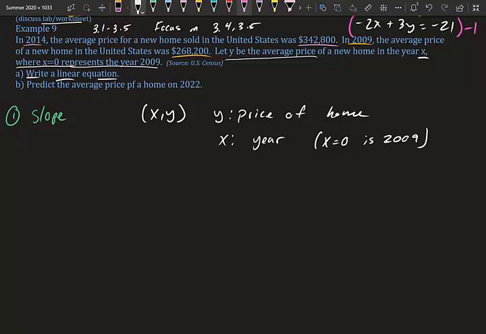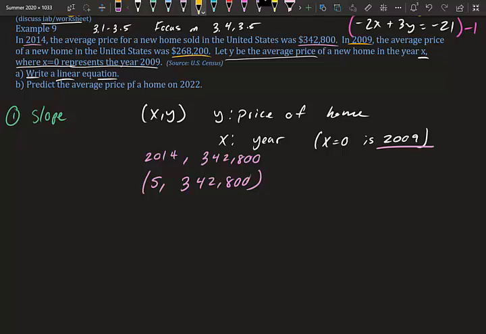So it's saying X represents years, but X equals 0 is 2009. So the two things we're given are 2014 and 342,800. So we need to figure out 2014 and 2009. How many years apart is that? It's 5 years. 2014 is 5 years after 2009.